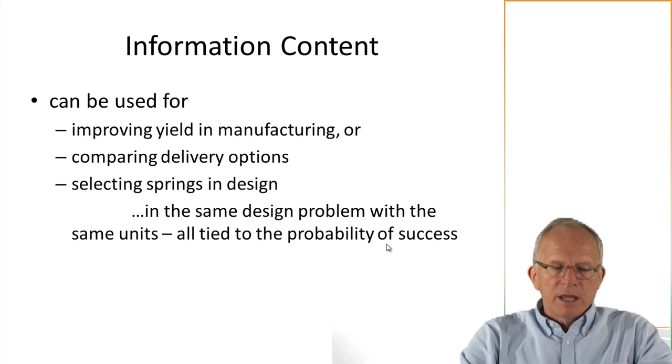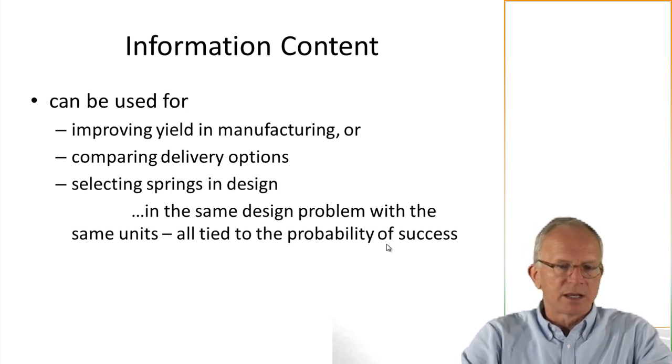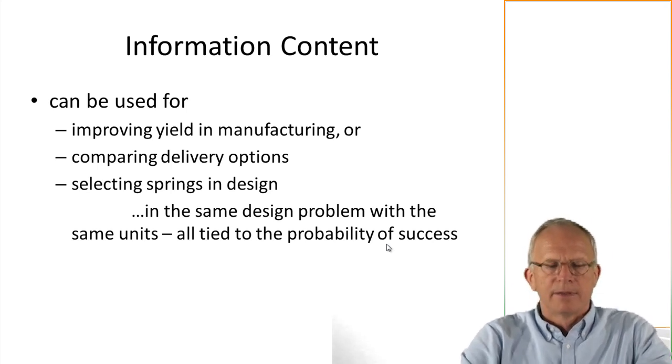Another point here is that the information content can be used for improving yield in manufacturing, or comparing delivery options, for example. What's the chance that there will be a snowstorm or a flight canceled so that the delivery won't be made?